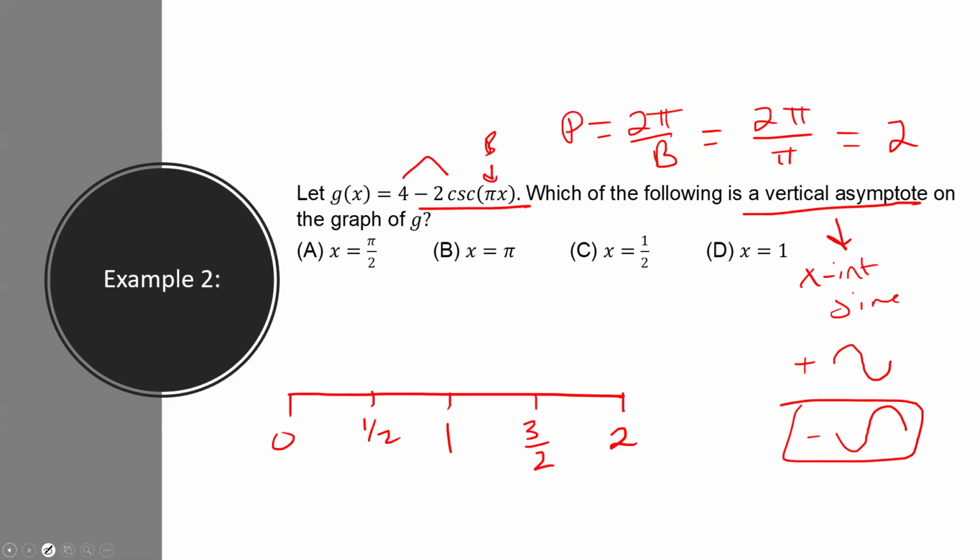Now we have all of our quarters, and we're just going to place things where they're supposed to go. So because this is a negative sine function, we know that we start off with our x-intercept, then we're going to have our minimum, then our x-intercept, then our maximum, and then our x-intercept. So here's the sine function. Is that drawn pretty? No, but you get the gist of it. You see what's happening.